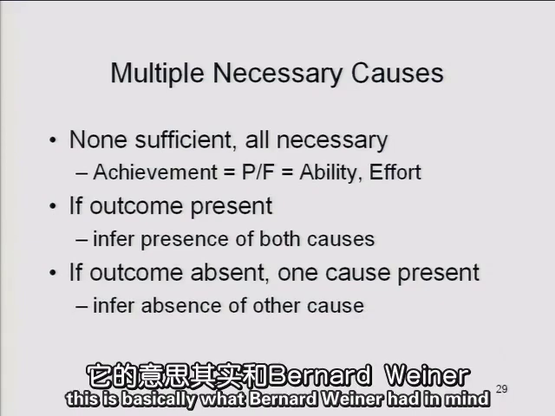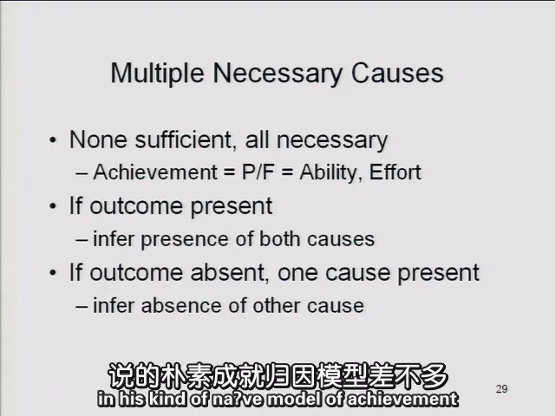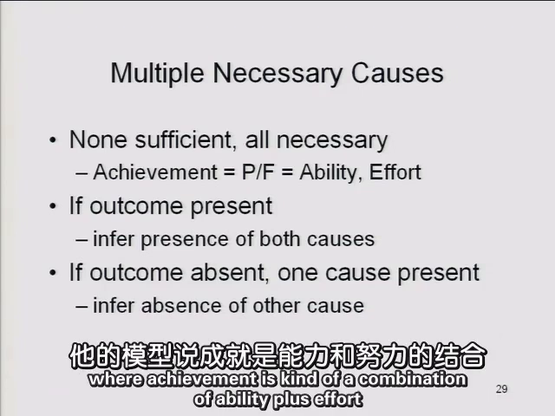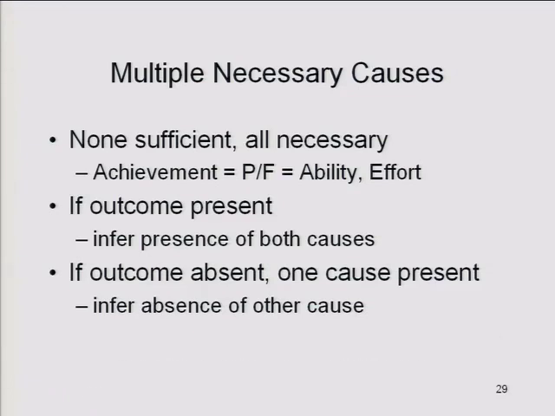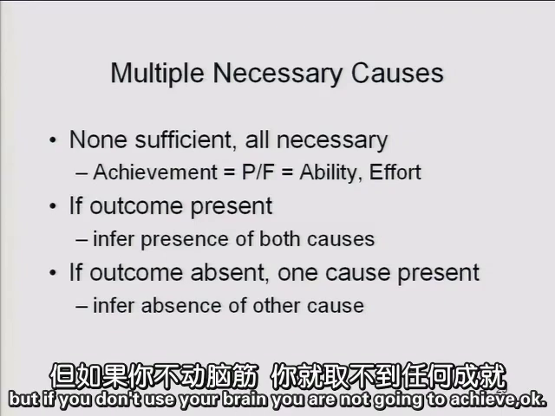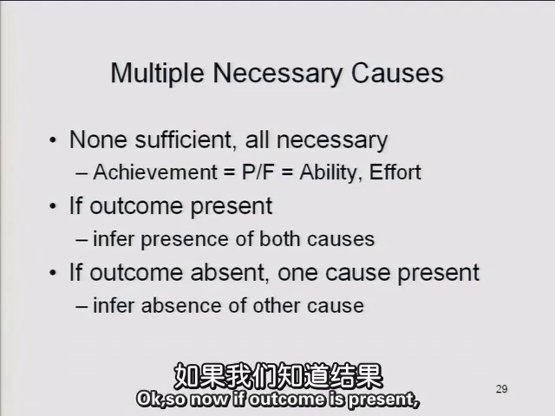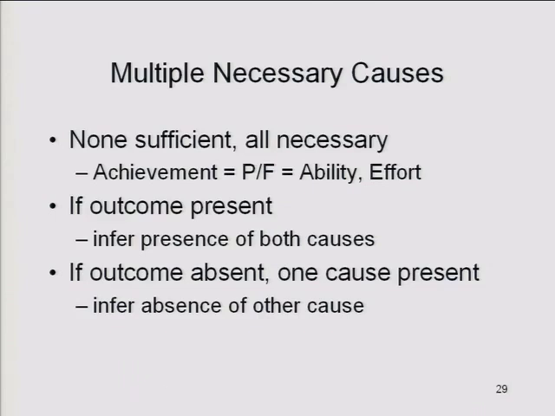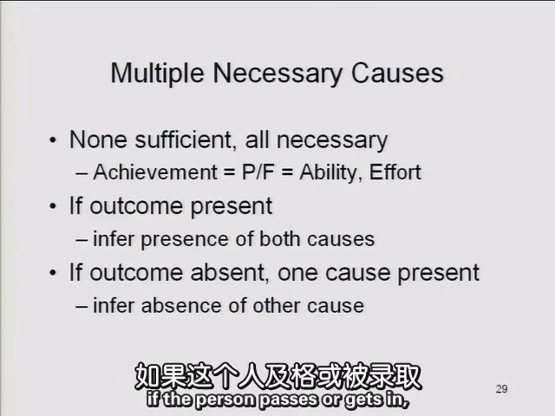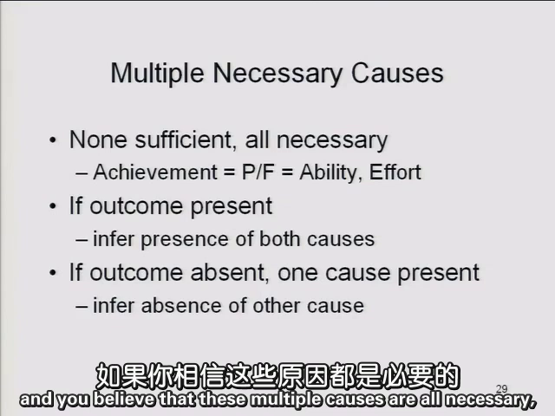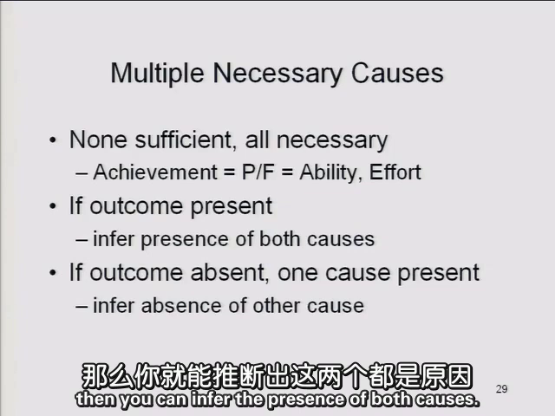This is basically what Bernard Weiner had in mind in his kind of naive model of achievement, where achievement is kind of a combination of ability plus effort. You can be the smartest person in the world, but if you don't use your brains, you're not going to achieve. Okay, so you got to have both of these things necessary. Okay, so now if the outcome is present, if the person passes or gets in, and you believe that these multiple causes are all necessary, then you can infer the presence of both causes.